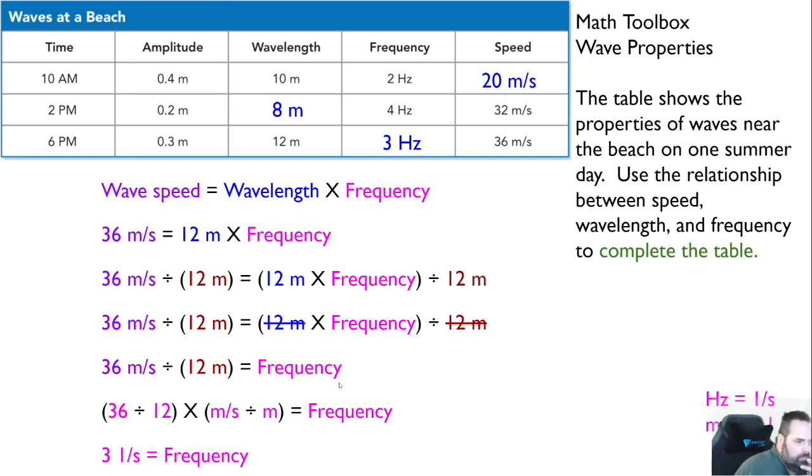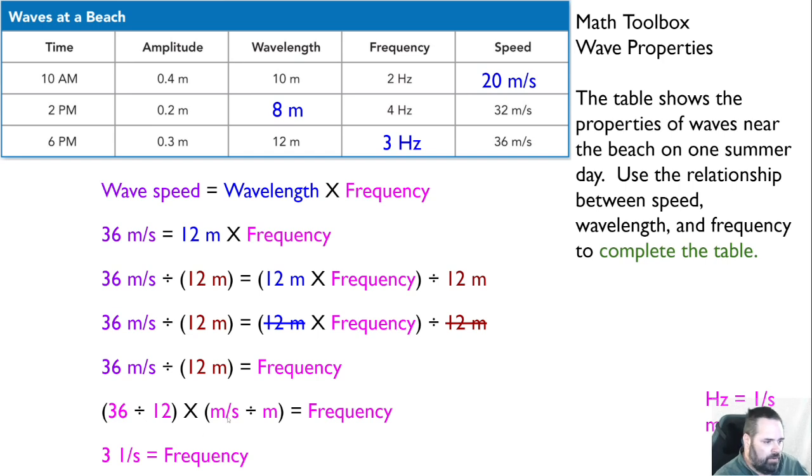Okay. We're going to rearrange this equation a little bit, and we're going to say that 36 divided by 12 times meters per second divided by meters is equal to frequency. Let's see how that works out for us, right? 36 divided by 12 is 3, so 3 times 12 is 36, right? 1 times 12 is 12, 2 times 12 is 24, 3 times 12 is 36, right?